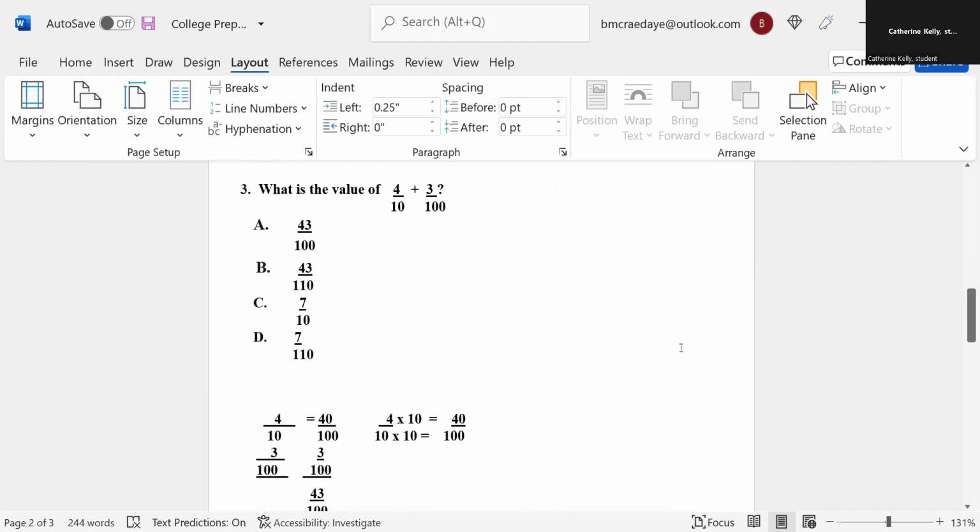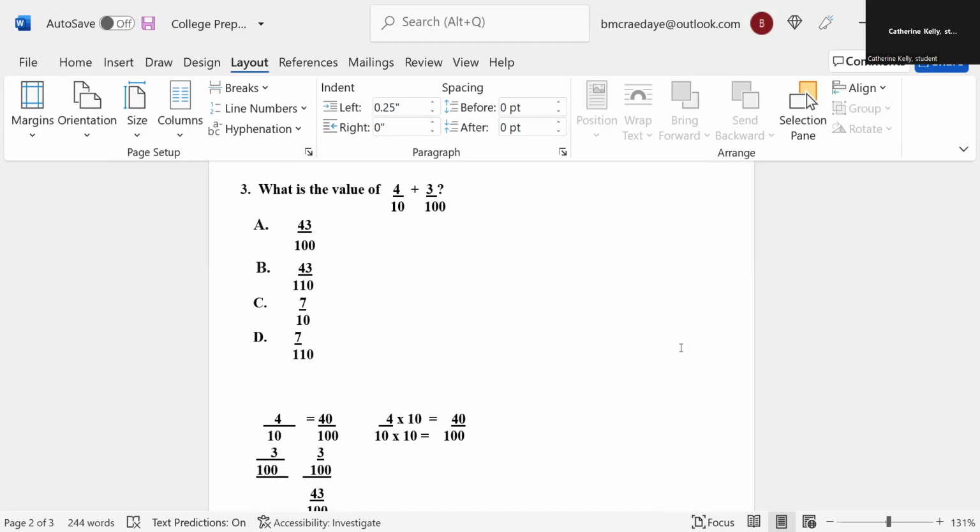Multiplication is one of the easiest fraction operations. You multiply numerator, you multiply denominator, and then you may have to simplify it at the end, but you don't have to convert. You don't care what the numerators and denominators are in multiplication.